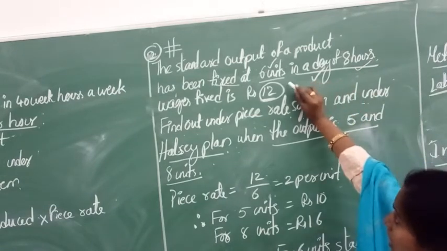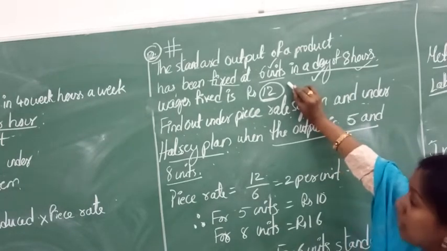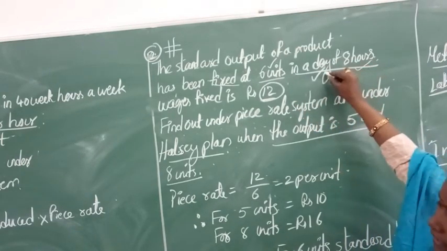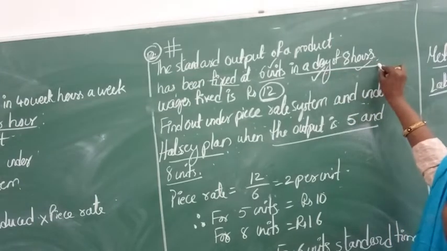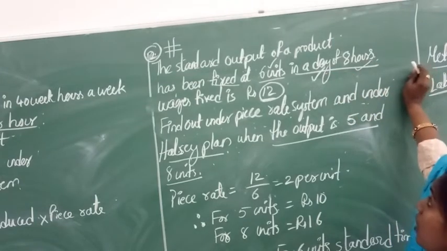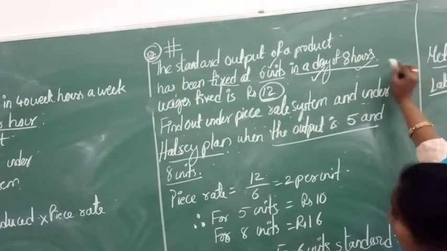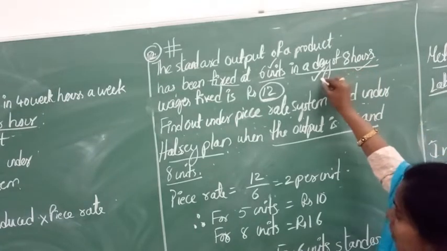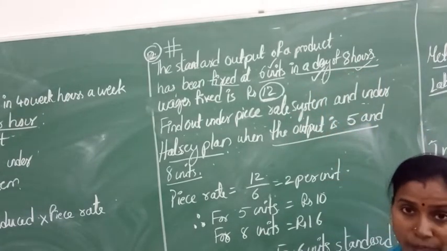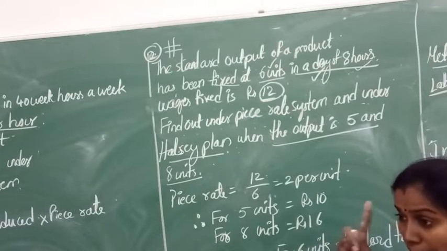He told that 6 units in a day. He is working for 8 hours a day, and for this whole day he is paying 12 rupees. But we don't know the cost for one piece.